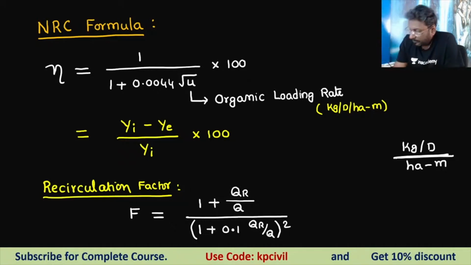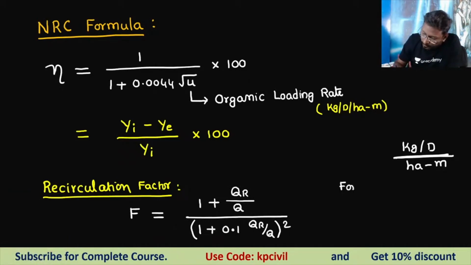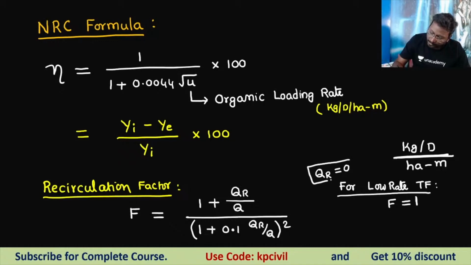Is that clear? Now, very important. For low rate trickling filter, F is equal to 1, because there is no recirculation, QR is equal to 0.